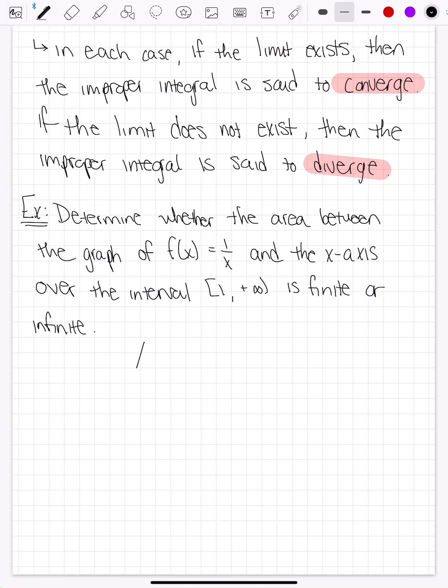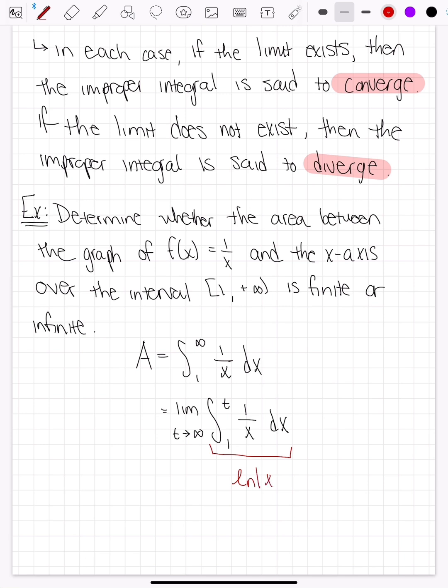So what we're trying to find is the area from 1 to infinity, and our function is 1 over x. So what we learned is that we want to get rid of that infinite bound and change it to t, and then we'll just take the limit as t approaches infinity. Then we do the integral first, and we know that this integral is ln of the absolute value of x at 1 and at t.